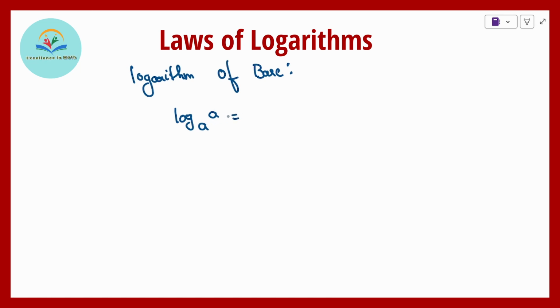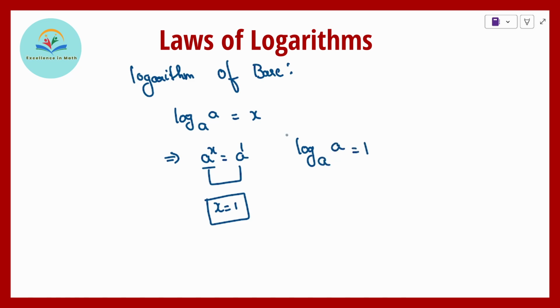In order to find the value of this, let's equate it to x and find out the value of x. When we know the logarithmic equation, let us write the exponential form. So a power x is equal to a. So how many times do we need to raise this a in order to get a? Obviously one time. When the bases are equal, equate the powers. So here we got logarithm of a base value is always 1.